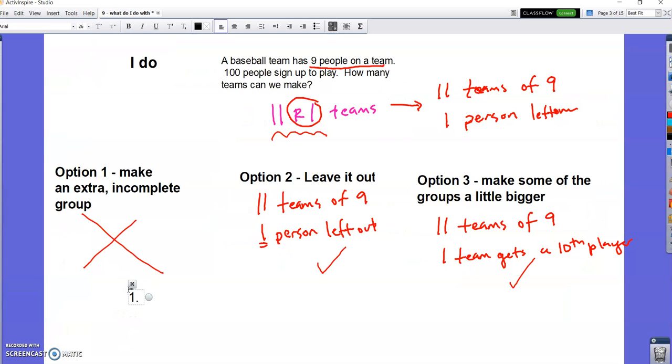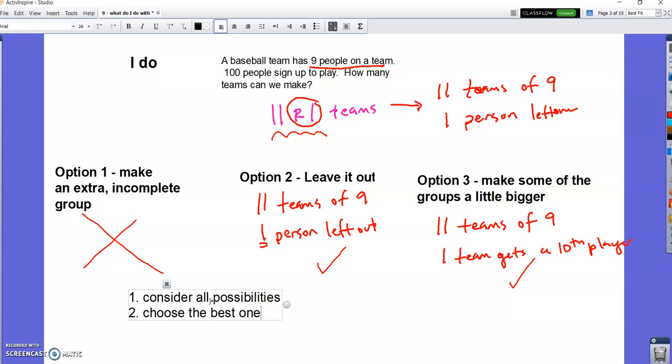Step 1 is consider all the possibilities. We did that yesterday. We tried this, we tried this, we tried this. We decided number 2 and number 3 make the most sense. So after you've considered all the possibilities, step 2 is choose the best one. In this case, we had 2 that make sense.